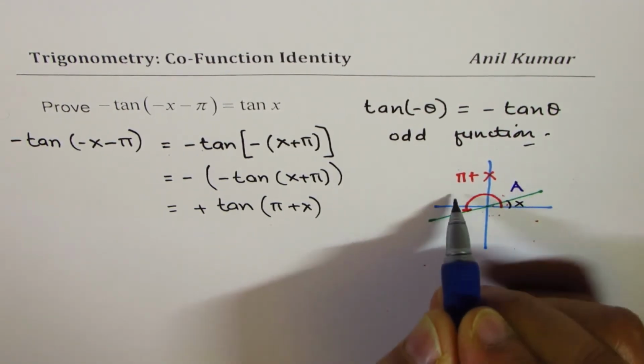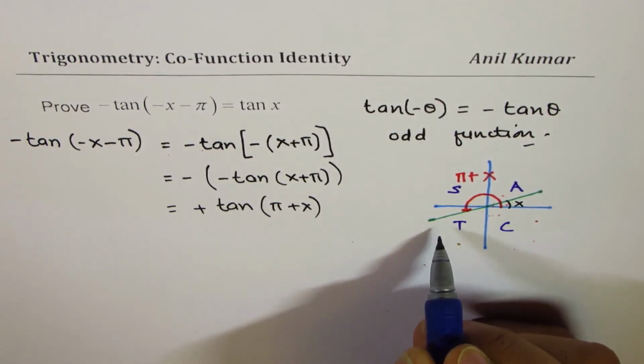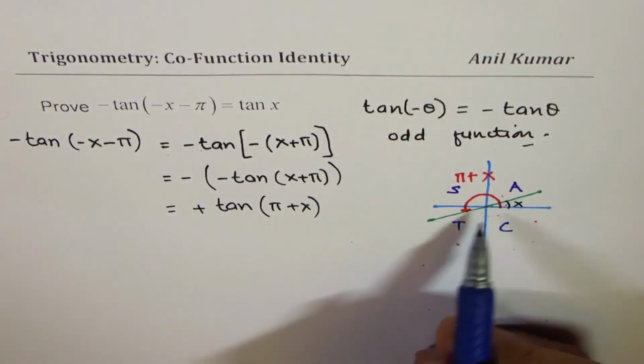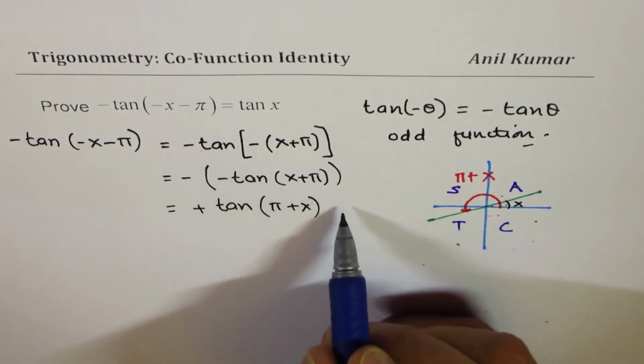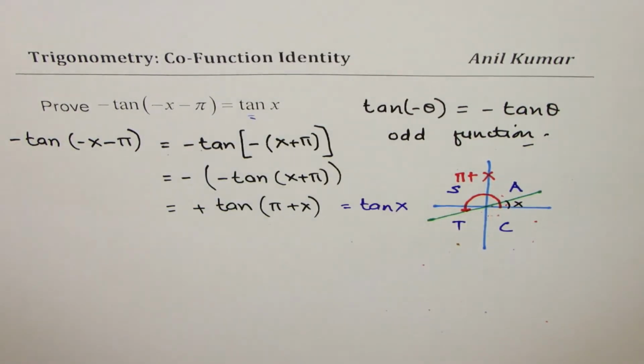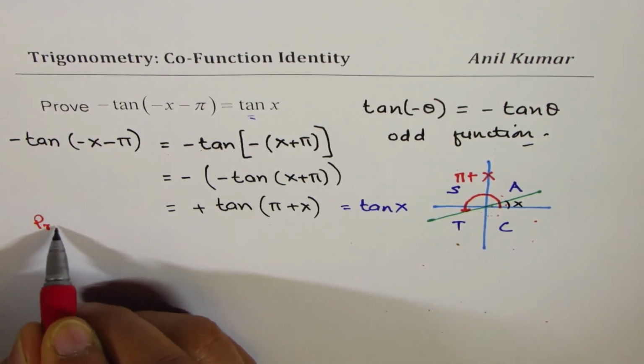You know, all are positive here: sine, tan, and cosine. So we are expecting a positive value. Now this is a related angle, and therefore the function should be equal to tan x, right? But let us use the compound angle formula to prove it.